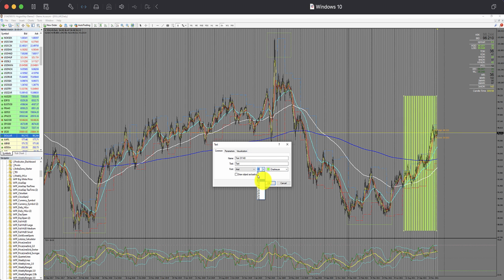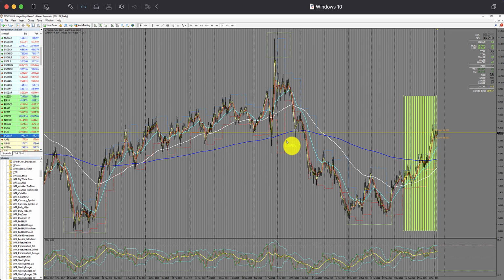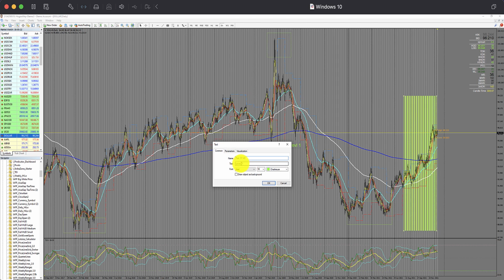So this is our level 1. This is not level 1 of the daily. This is just level 1 of that price segment. Can't spell either. Level 1.